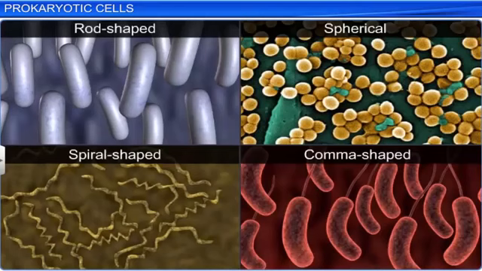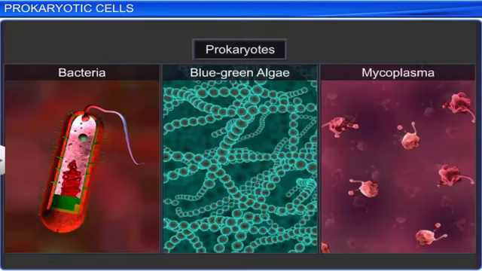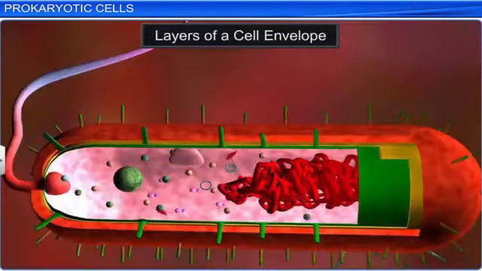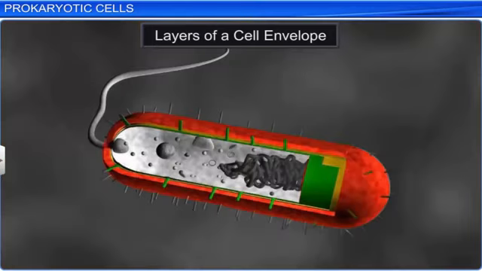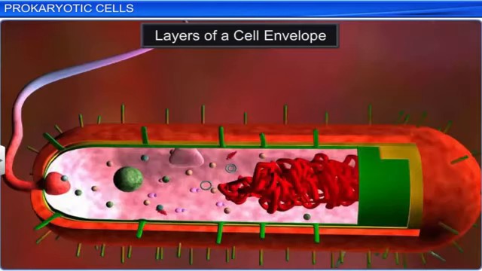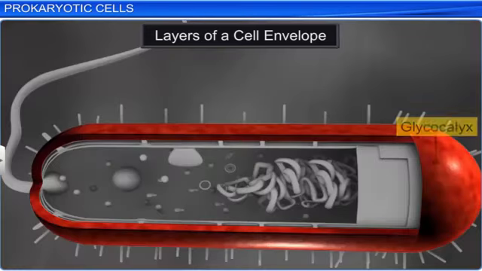And they can be rod-shaped, spherical, spiral-shaped, or comma-shaped. Microscopic studies reveal that most prokaryotes, except for a few such as mycoplasma and thermoplasma, possess a cell envelope, a complex, tightly bound, three-layered chemical structure consisting of the outermost glycocalyx, followed by the cell wall and then the plasma membrane.